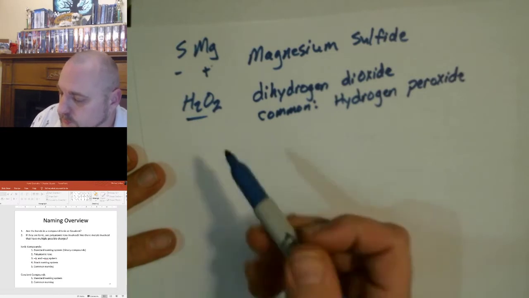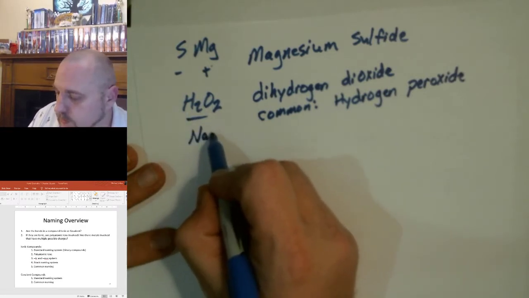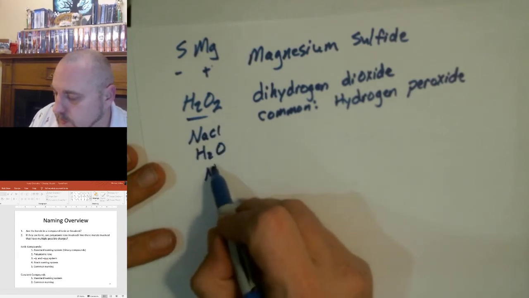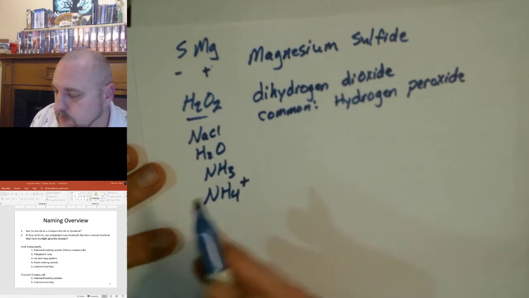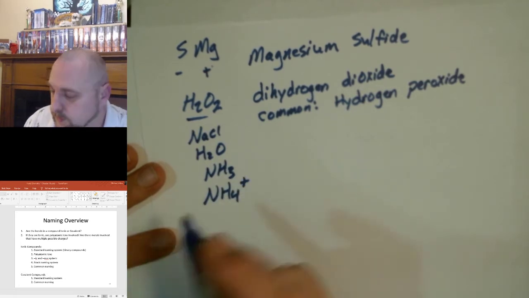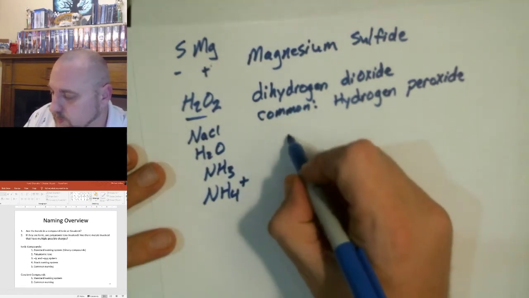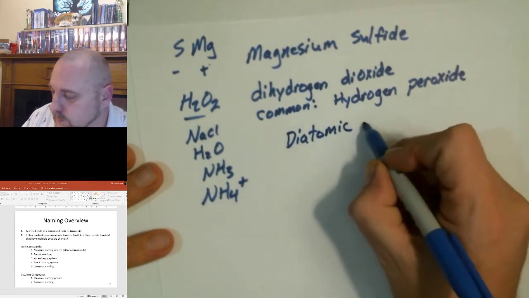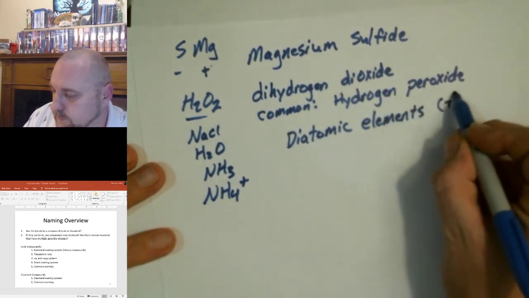And so just a reminder, we've got 5 that we're expected to know: salt, water, ammonia, and ammonium is on that list as well. So these 5 you need to memorize. We also want to be careful about our diatomic elements. There's 7 of them.